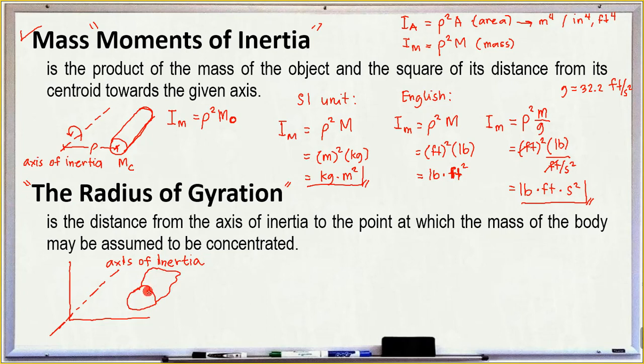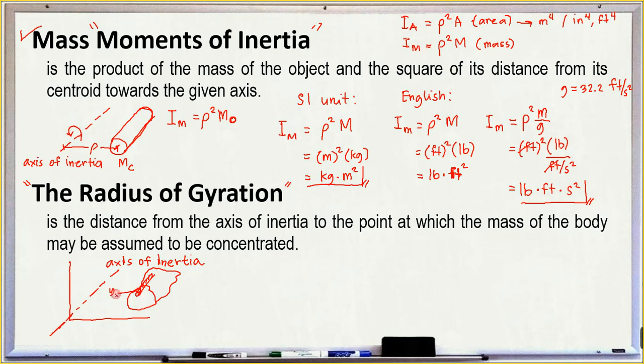Of course, one method of solving this is integration, meaning we divide it into small rectangular strips, or rectangular prisms. We make them small, then sum them up.